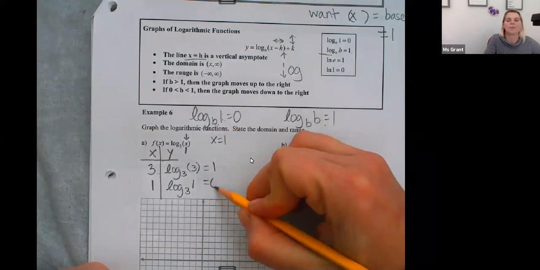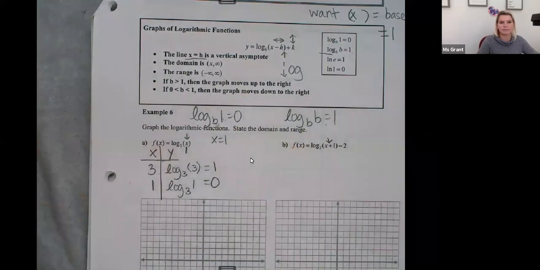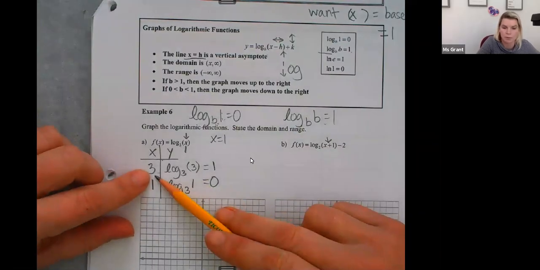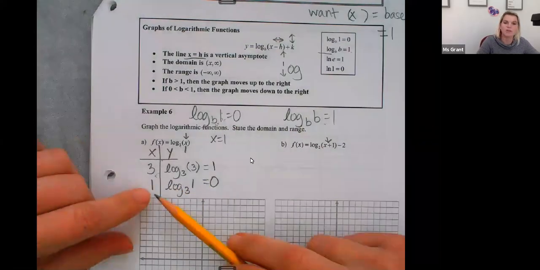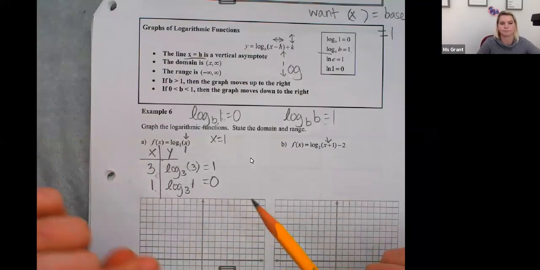This is a property of logarithms that we're going to use to make our graphing super easy. So you're literally looking at the parentheses and saying, I need it to match the base, so pick a 3. I also need it to become 1, so put a 1 in.